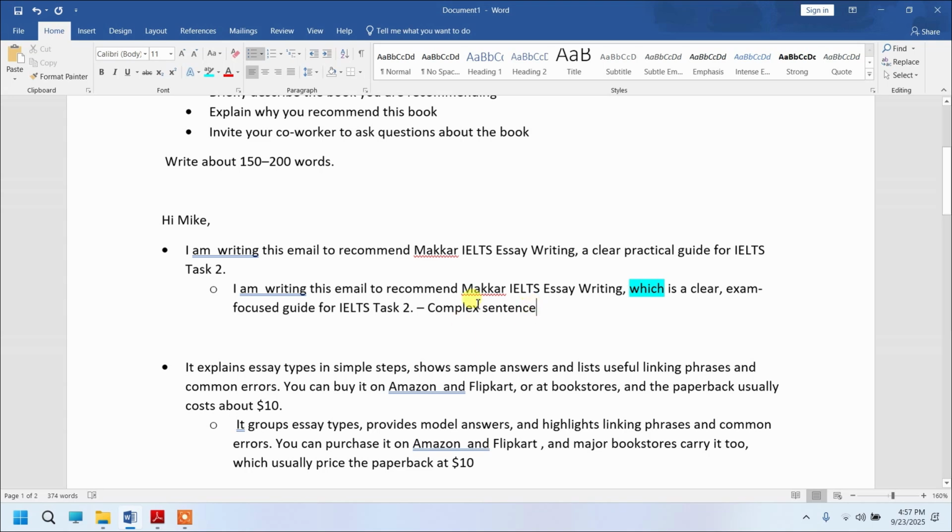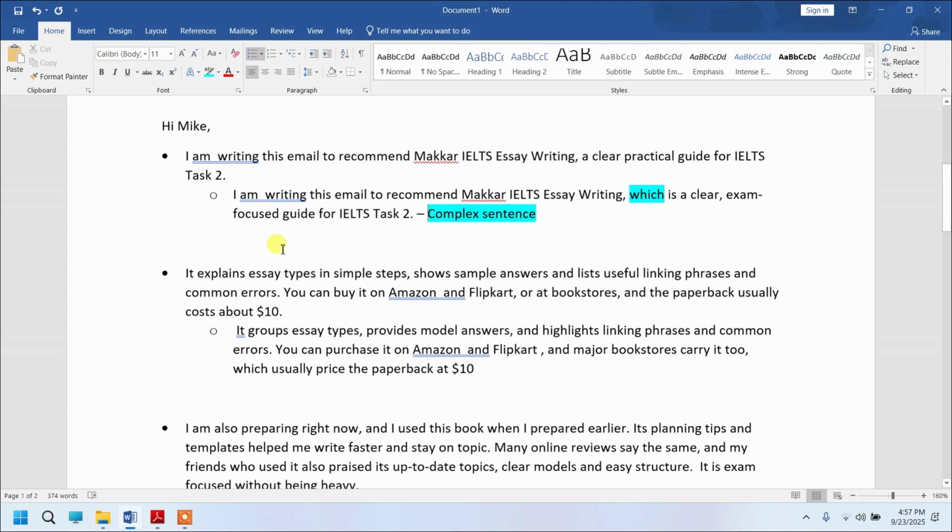Okay, this is my complex sentence. Then guys, you have these two sentences: it groups common essays and gives model answer linking phrases. So this is your compound sentence. Okay, why? Because we do not have any clause here.